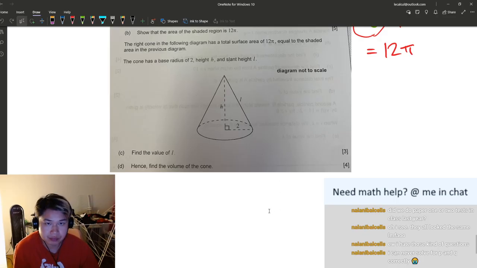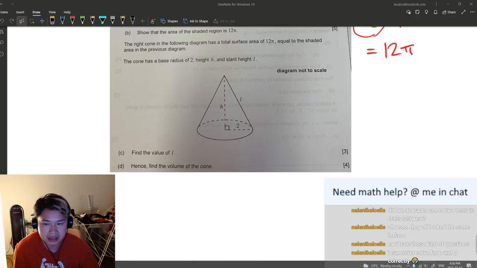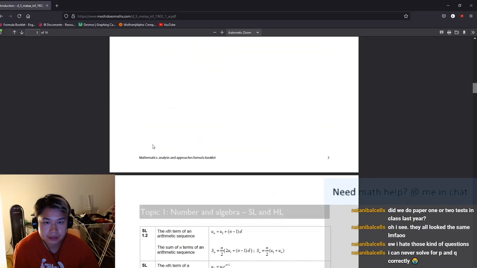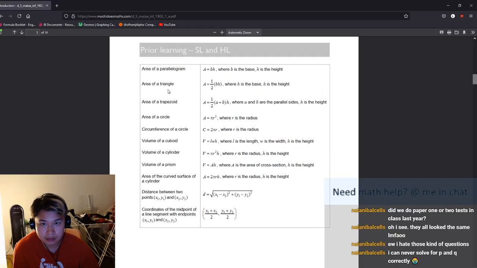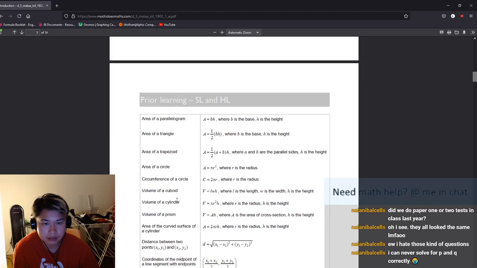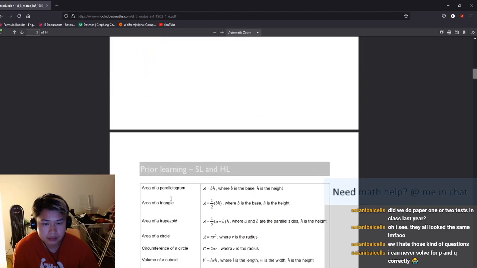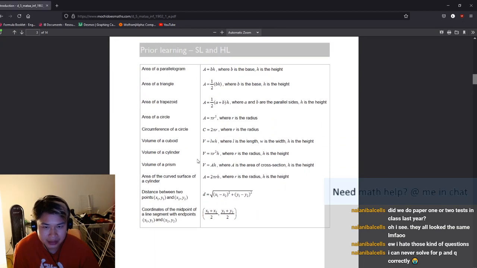Shoot. What's the surface area of a cone? It's in here. There's no way they can expect you to know what the surface area of a cone is.